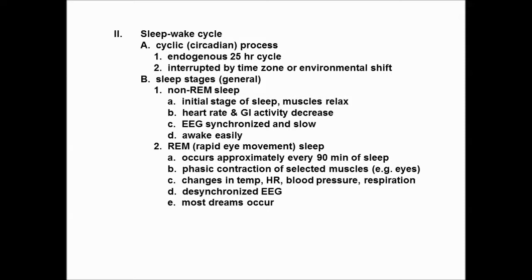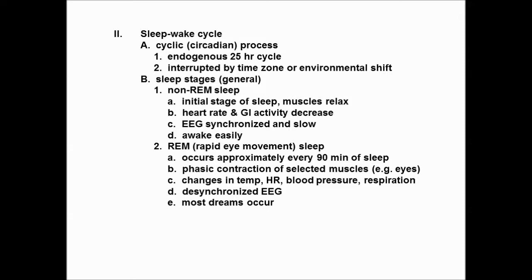Part of the cycle is sleep, and people have studied sleep for many years in sleep labs in different forms. For example, we often divide sleep into REM, standing for rapid eye movement sleep, and non-REM sleep. Non-REM is when we first lie down in bed at night, our muscles relax.